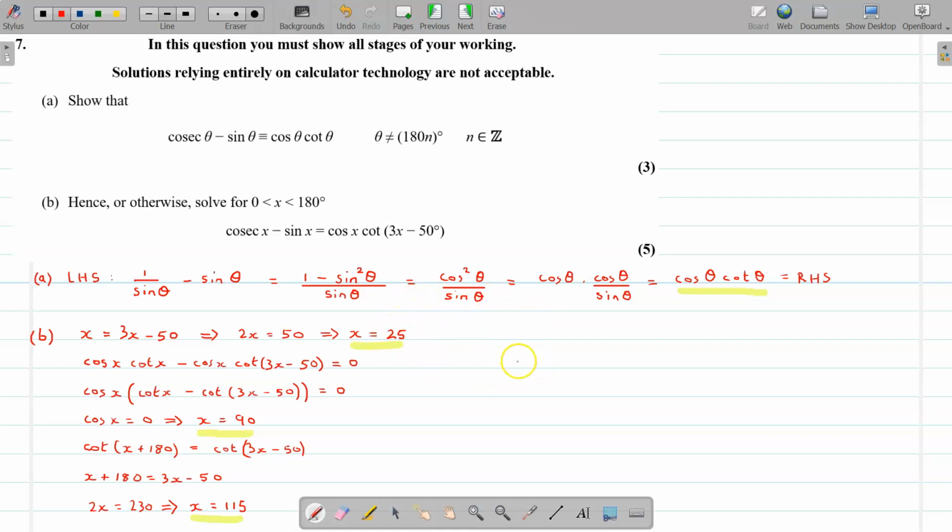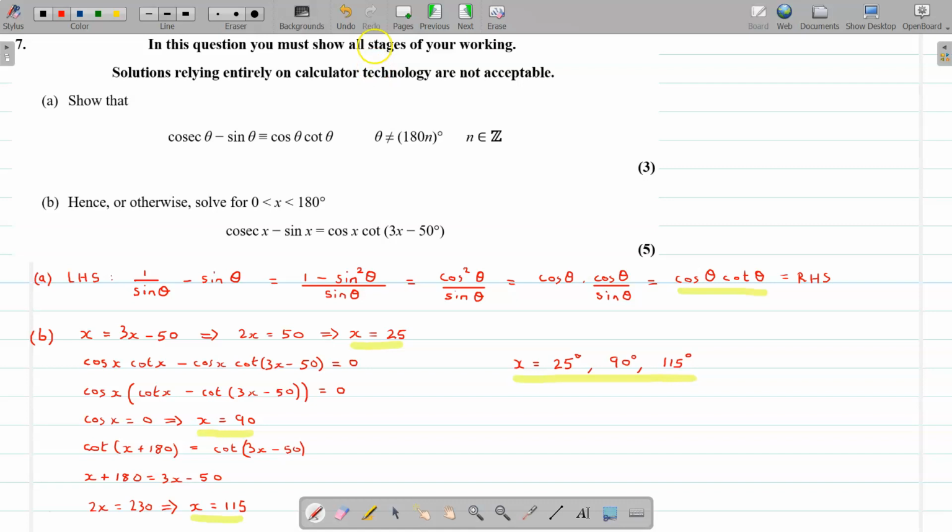So you can just summarize by saying x equals 25 degrees, comma 90 degrees and 115 degrees. Okay, and that's it. We tend to list them in ascending order. I mean, you don't have to, but it's generally the way that we do it. Okay, so an interesting little problem. It doesn't matter what order you find these solutions in. The main thing is to make sure that you find them all.